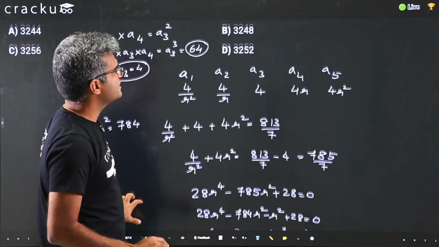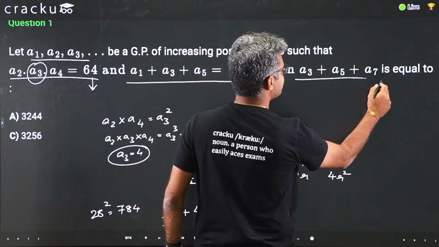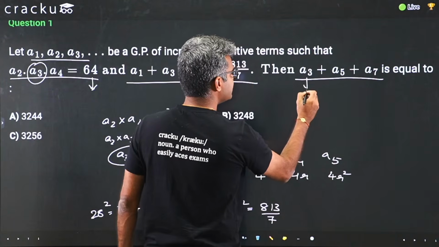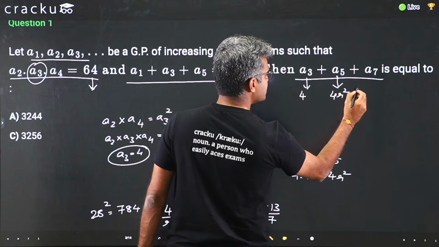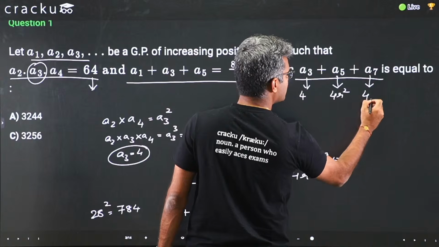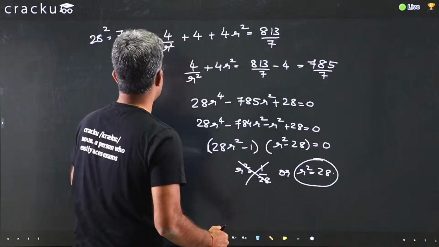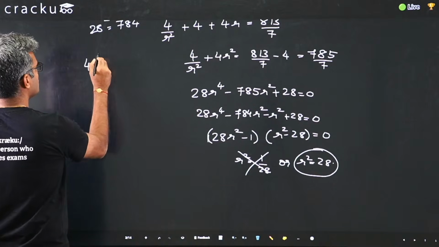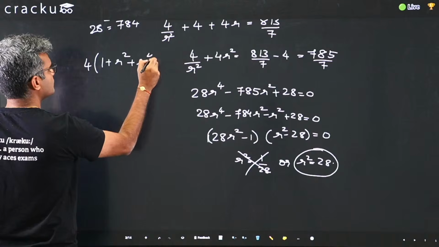What are we required to calculate? We are required to calculate the sum of A3, A5 and A7. A3 is 4, A5 is 4R square, A7 will be 4R to the power 4. And their sum will be 4 into (1 plus R square plus R to the power 4).